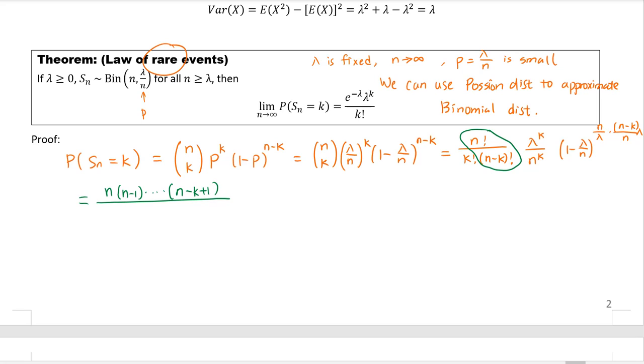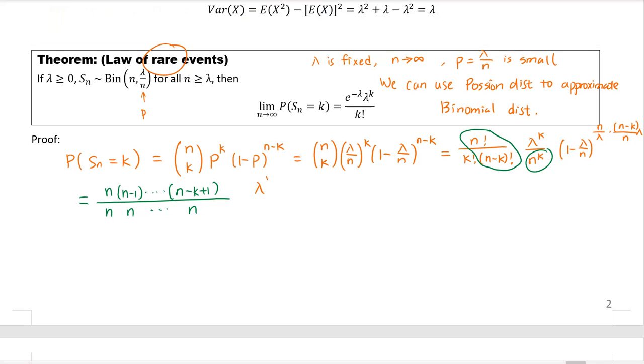And I want to put n to the k right here, so there are k copies of n. And then what's next?